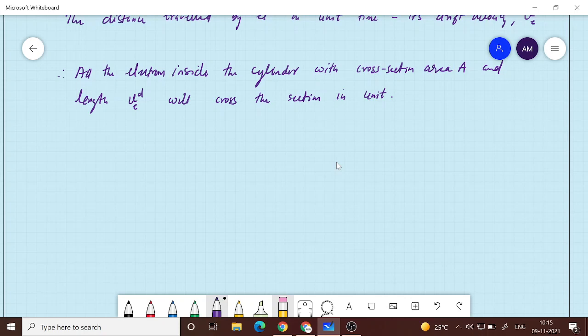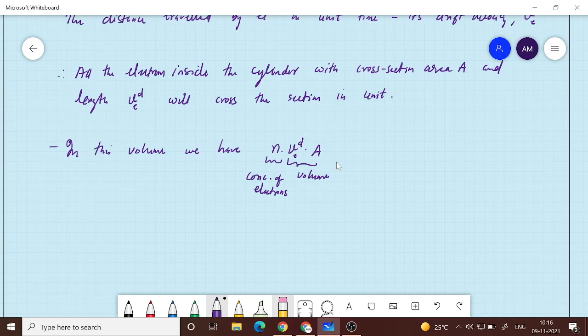So how many electrons are there? In this volume, n is basically the density of electrons, n into the volume, which is V_d E into A. So this is the volume and this is the concentration of electrons.